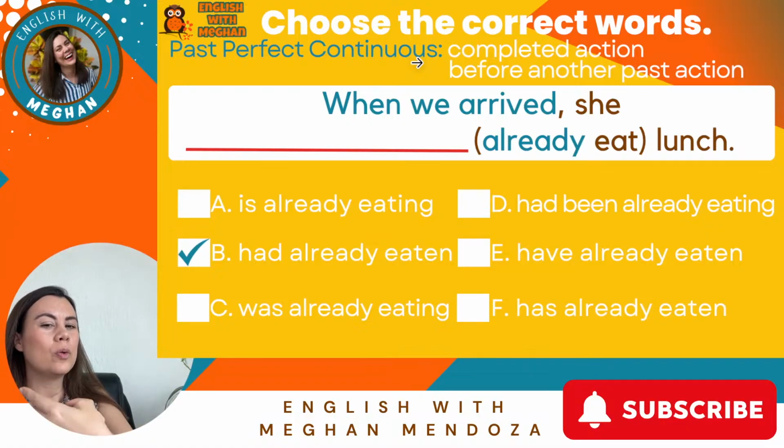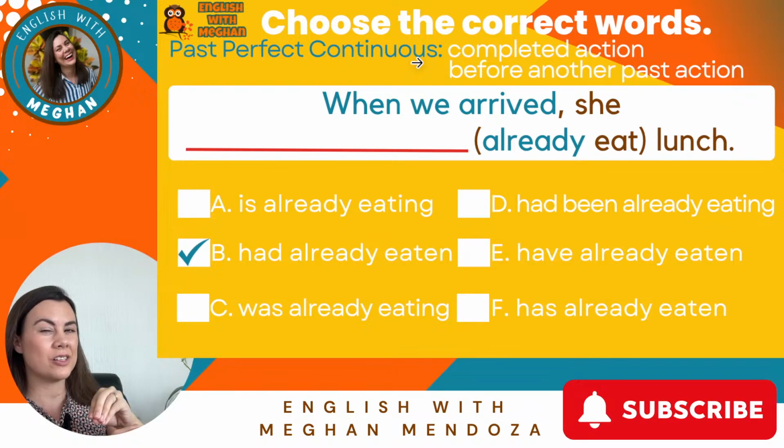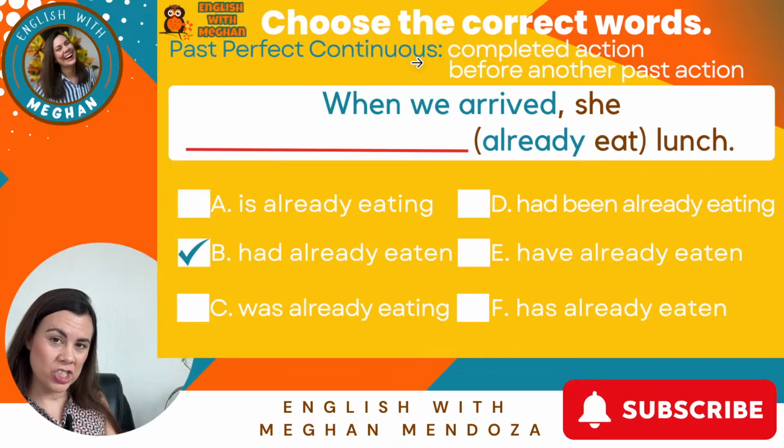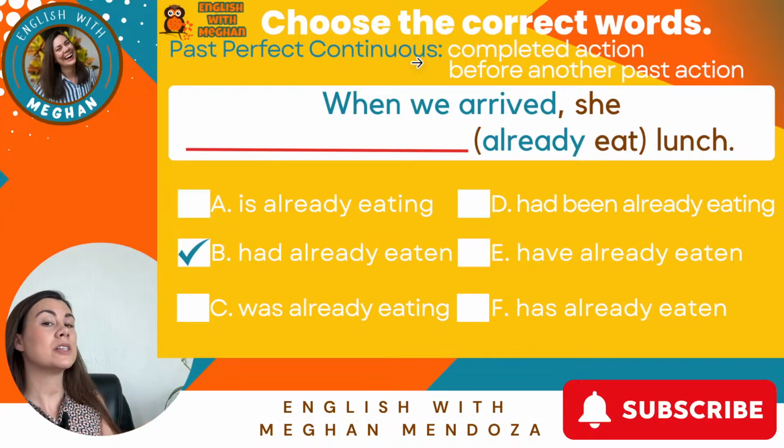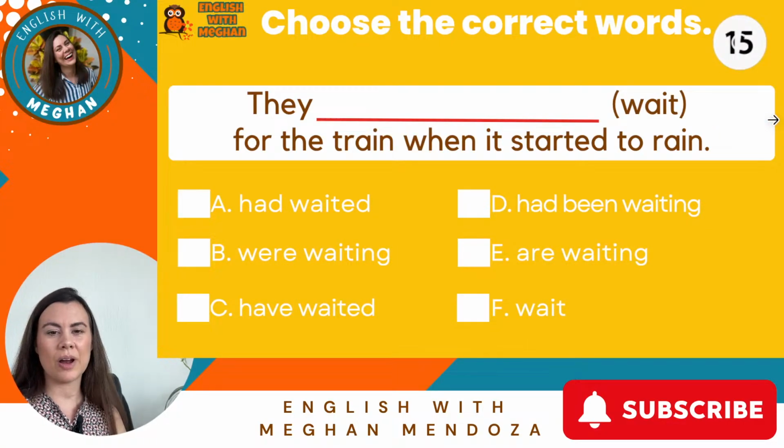So with the word already, it's not ongoing, it's finished, right? Past perfect is more about finished actions. Past perfect continuous, ongoing actions, duration. Okay, I hope I explained that okay. It definitely is confusing, but it's the already in the sentence that makes this the right answer.